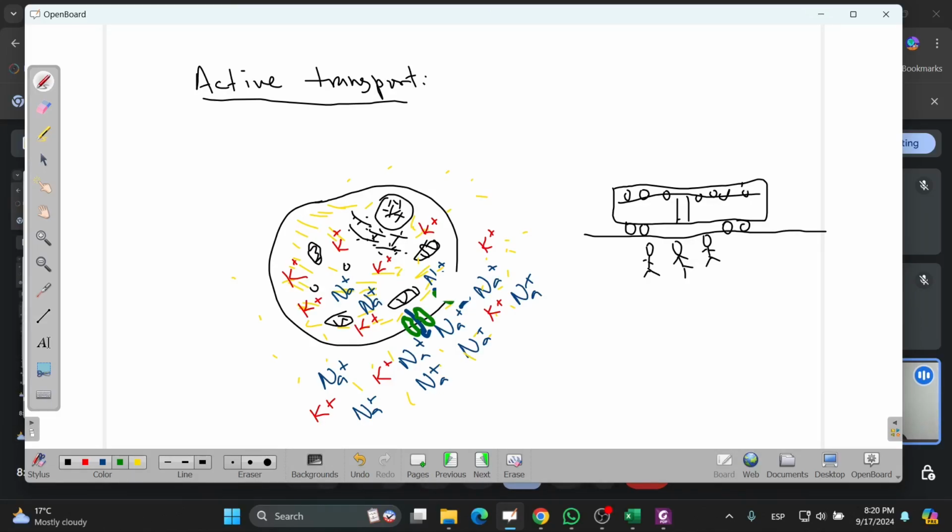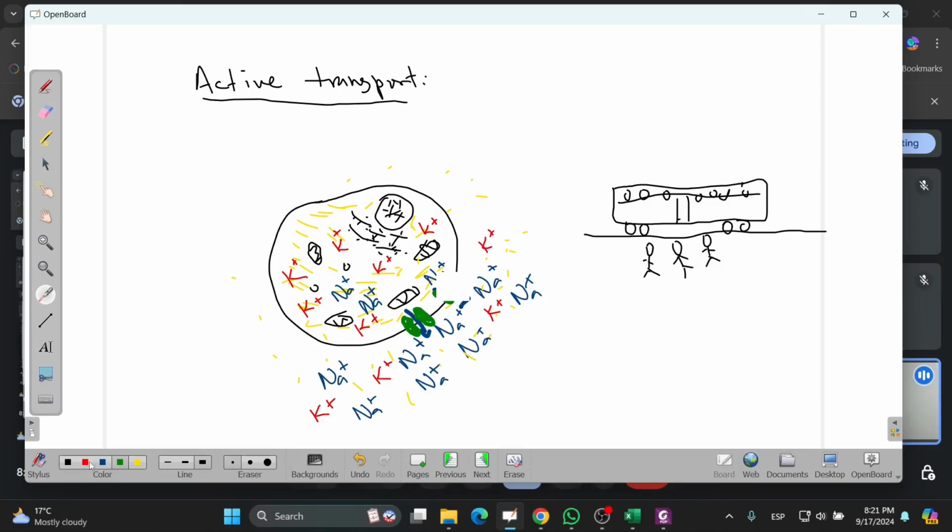So these three things, it requires a membrane, it requires a protein, a membrane protein, and that will require energy from the cell. What is the energy in the cell? You see, energy which is obtained through respiration in the mitochondria.